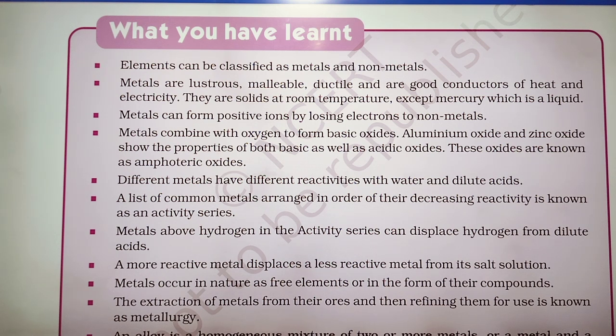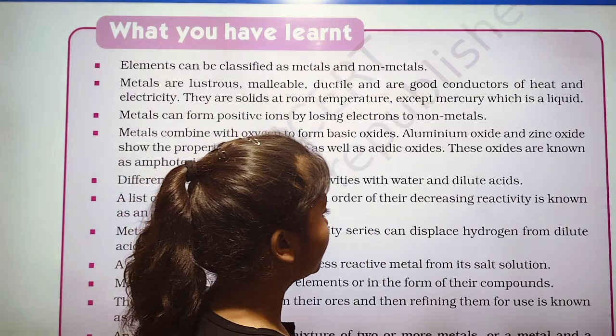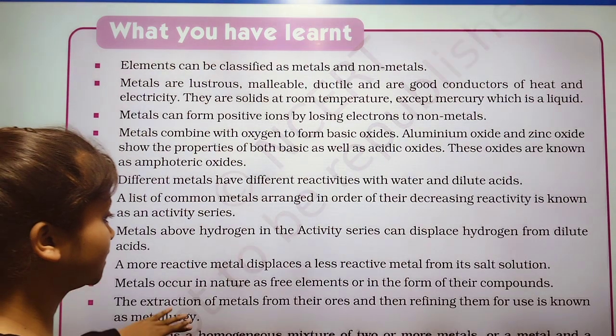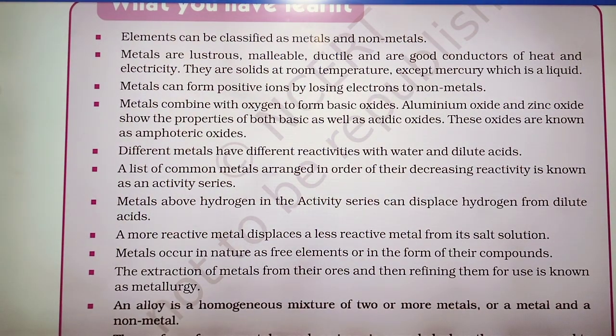Metals above hydrogen in the activity series can replace hydrogen from dilute acid, but metals below hydrogen cannot displace hydrogen from dilute acid. A more reactive metal displaces a less reactive metal from its salt solution, but a less reactive metal can never displace a more reactive metal.